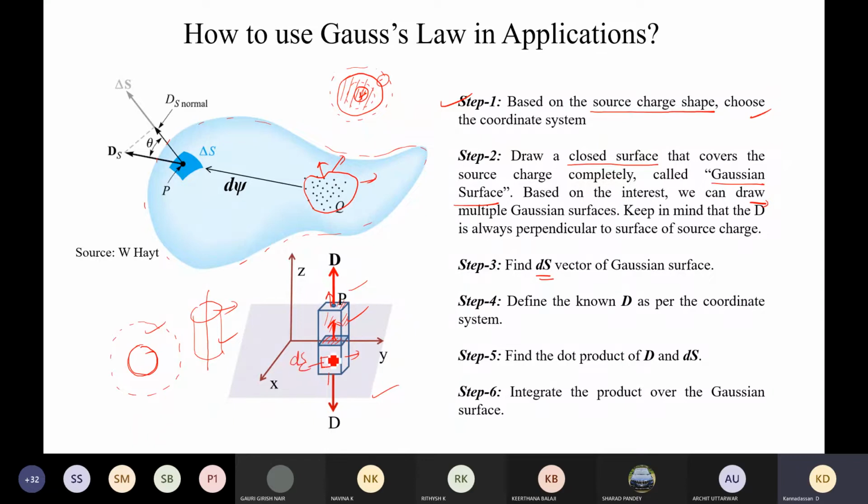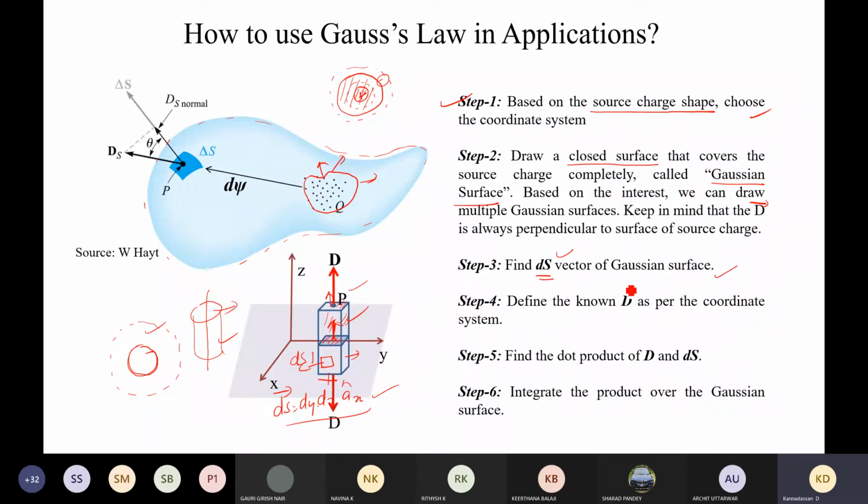This dS is vertically oriented, so this dS is nothing but dy dz, and its normal vector is going to be the ax vector. So that is the dS vector. So we have to find this dS vector of the Gaussian surface.